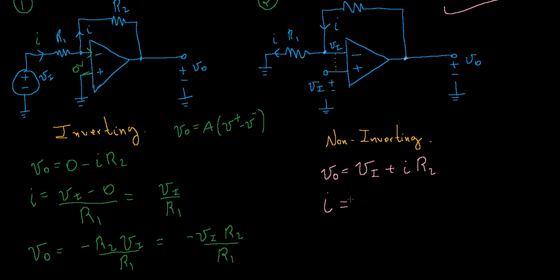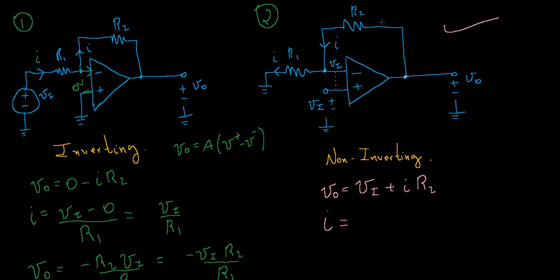So I, the current going through here. To find the current flowing through resistor R2, note that it is exactly the same as the current flowing in here, because no current flows into the minus input, so all the current flows through here. We can easily find this current by using Ohm's law.